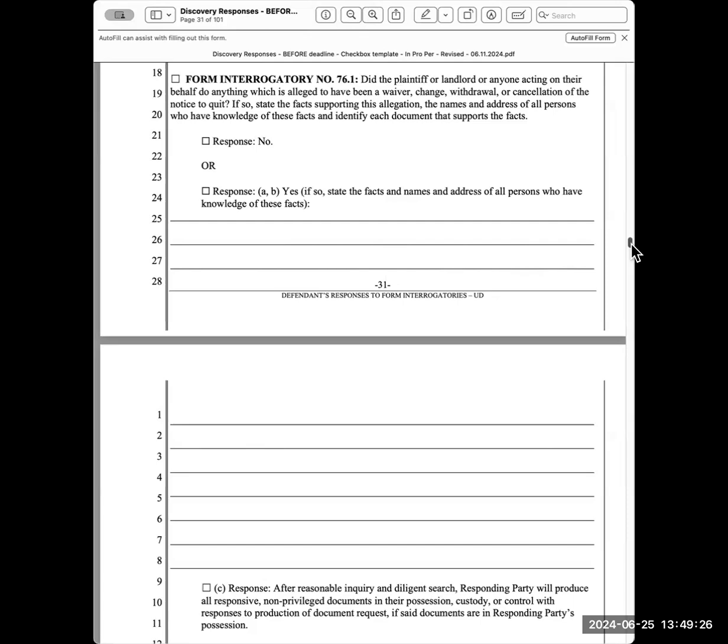Often the landlords, they issue a notice and they don't act on it for one reason or another, and they issue a new notice. And that new notice is meant often to supersede the previous one, meaning the previous one has been changed, withdrawn, or canceled.